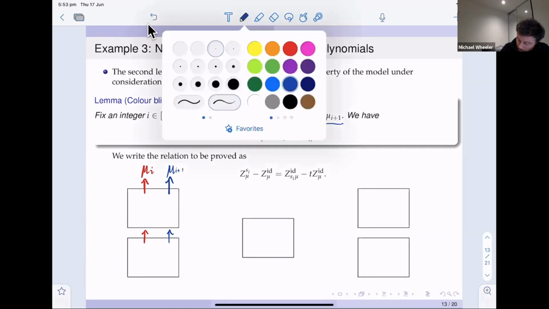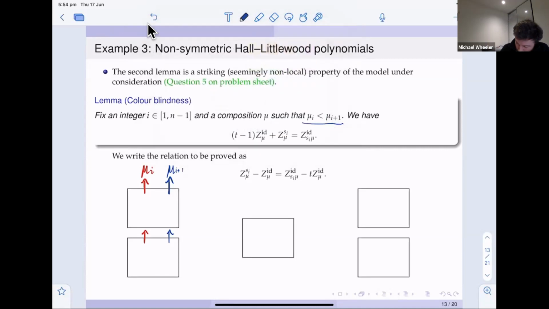And then entering along the left boundary, I will take here a path. So this is the path of color I plus 1. Actually, maybe I should put this down here. So here is I plus 1, and here is I plus 1.